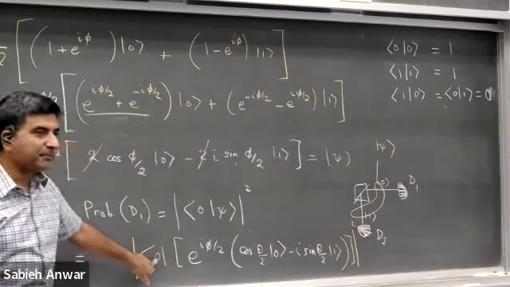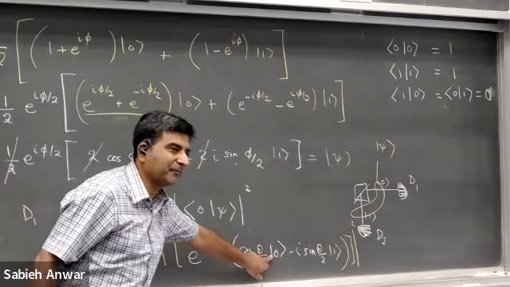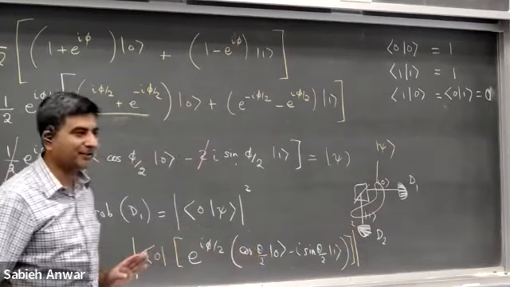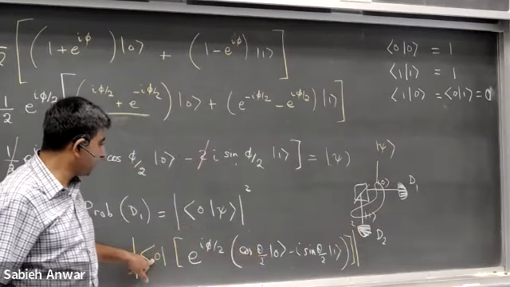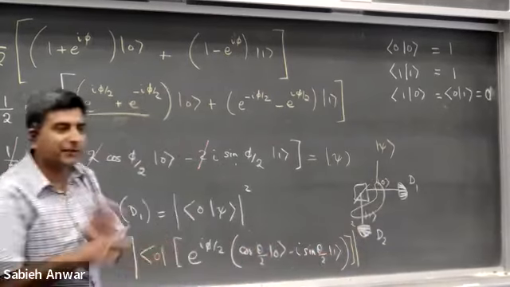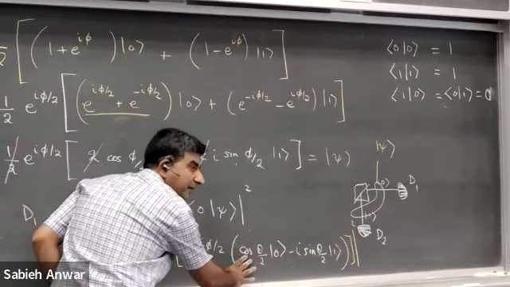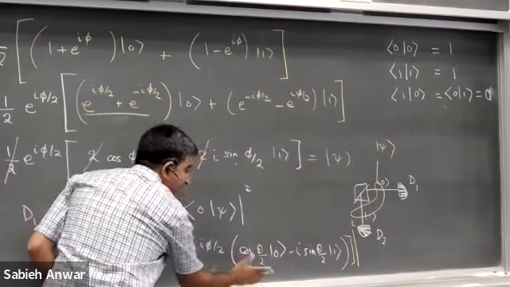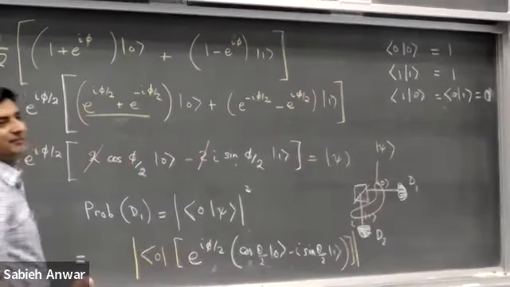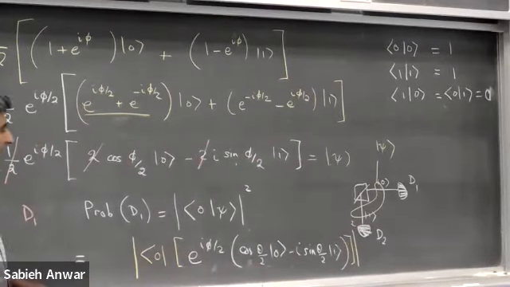So the overlap of bra 0 with ket 0 is 1. But the overlap of this bra with this ket is 0. So it vanishes. So I'm only left with this term here, this coefficient here. And what's the modulus square?